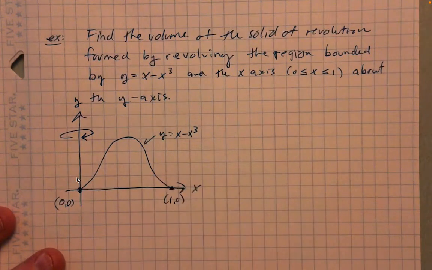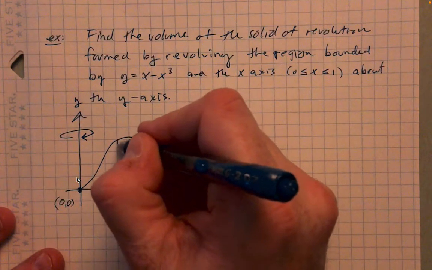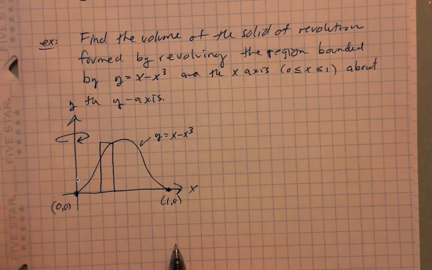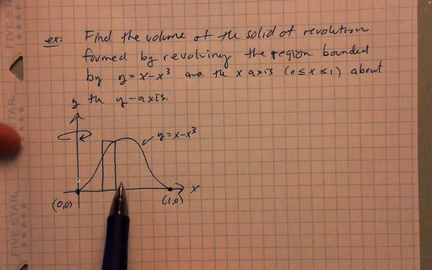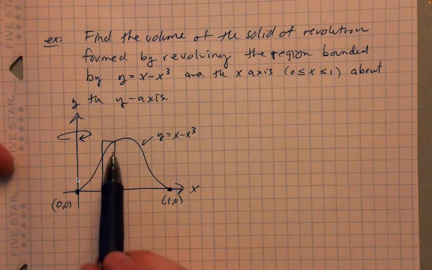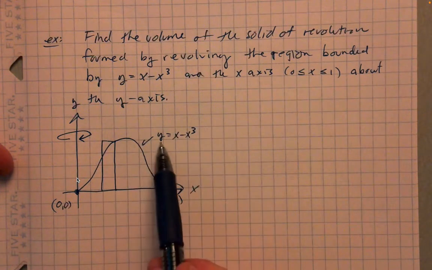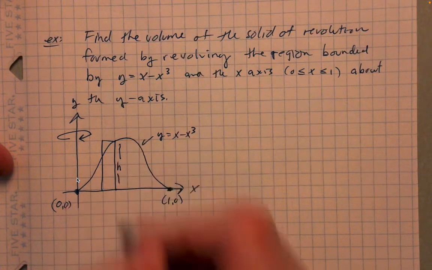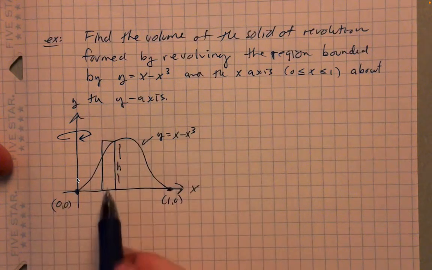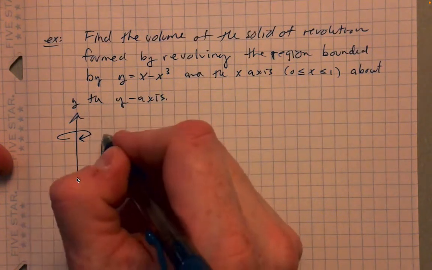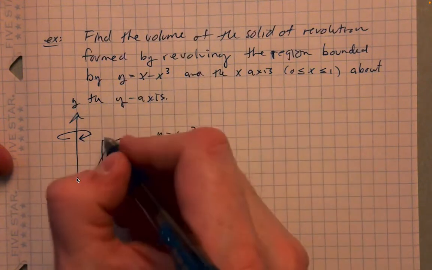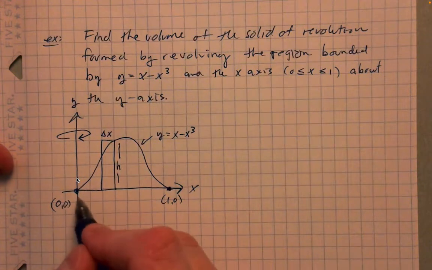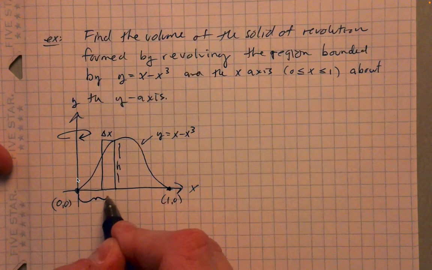And so that means our representative rectangles are going to be vertical in this case. We'll have some height for each of the shells, and that's basically the function, so you'll have your h. The width is going to be determined as delta x. And then here's the question: what do we call this distance?